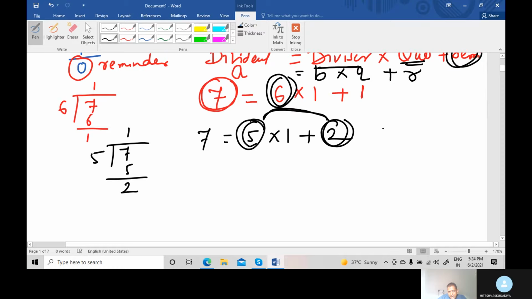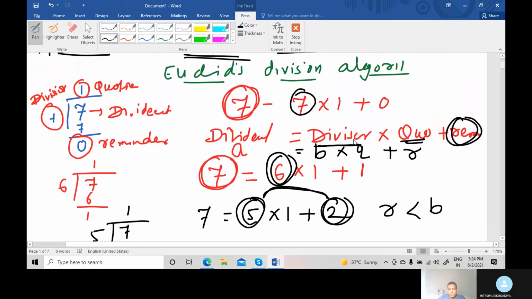The remainder is always smaller than divisor. Look at every sum. Here remainder 1 and divisor 6, so 1 is less than 6. Here remainder 0, divisor 7, 0 less than 7.